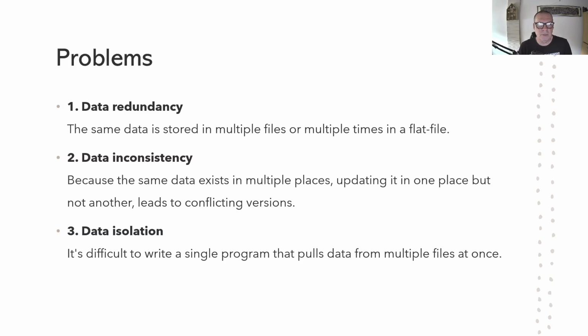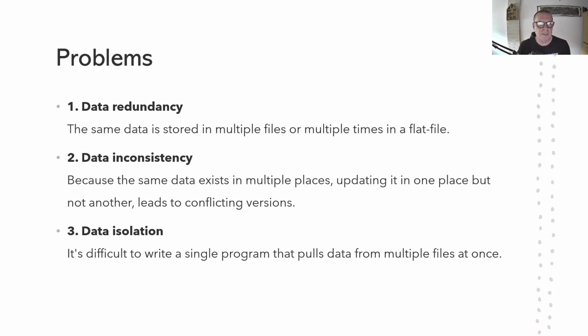If we update one or some of those places but not others, we have conflicting versions of the information. For example, you might have customer address in various places and then they move house. If you update some of the places you've stored it and don't update other ones, they're inconsistent and we don't really know which one's the correct address for the customer.